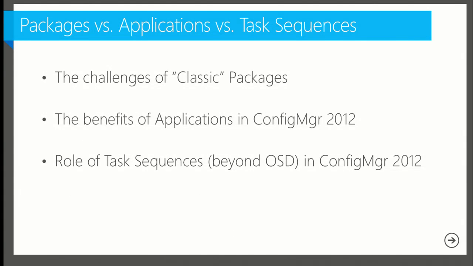So the first thing I want to talk about is packages versus applications versus task sequences. As many of you may know, one of the challenges with what we now call classic packages in Config Manager is that if you take a package and need to target a set of systems, usually you don't want to deploy to everything. Some people will take whatever software it is and deploy it to all of their Windows computers.